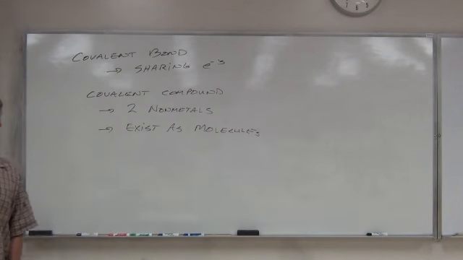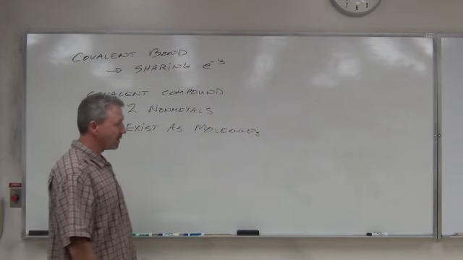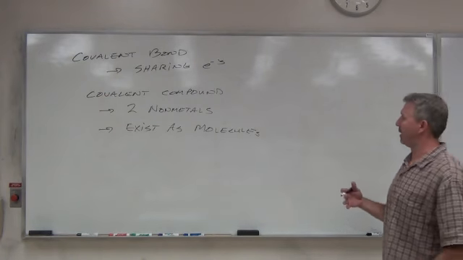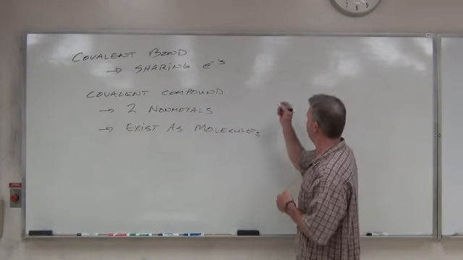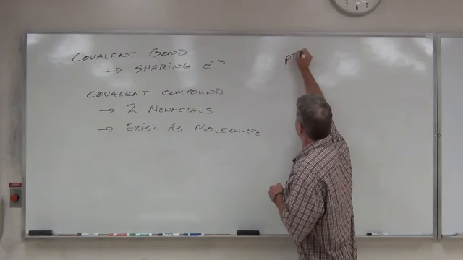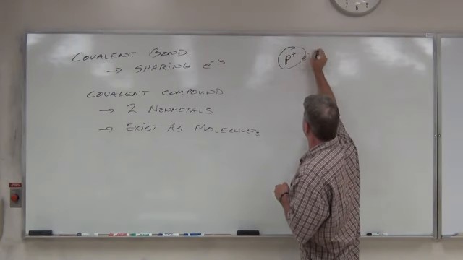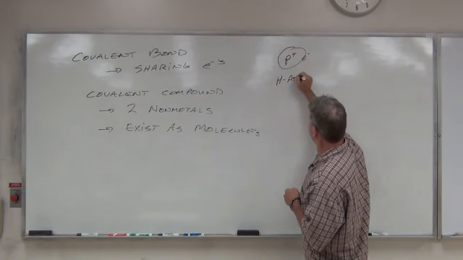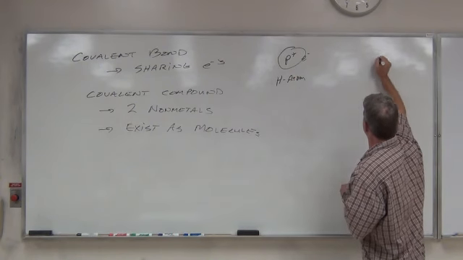Let's look at the simplest or smallest covalent compound, the hydrogen molecule. This is a hydrogen atom. This is another hydrogen atom.